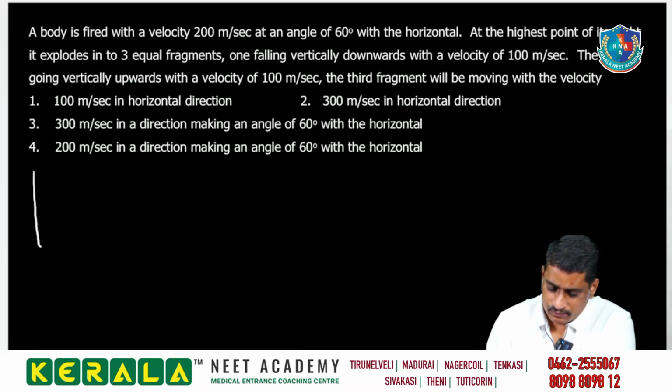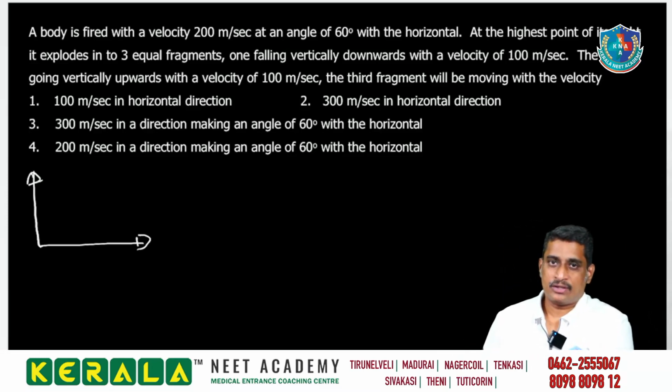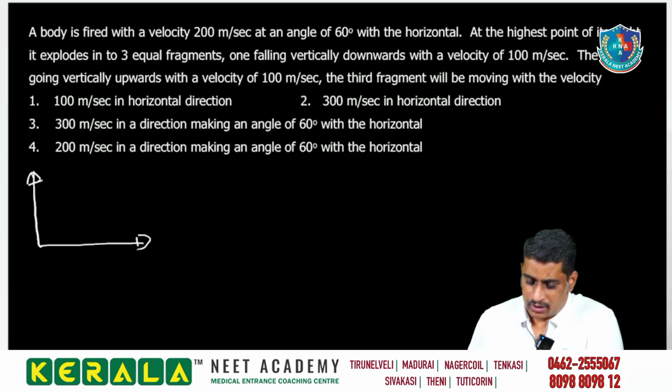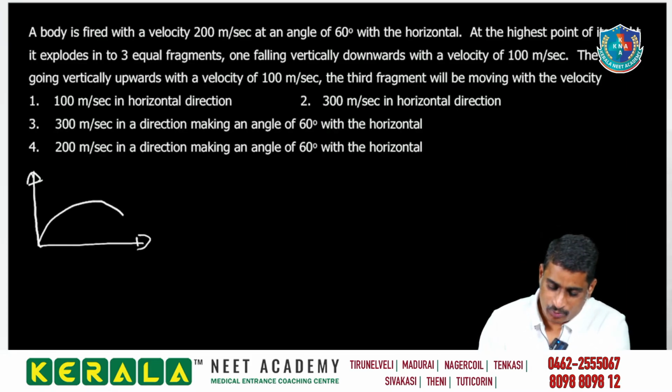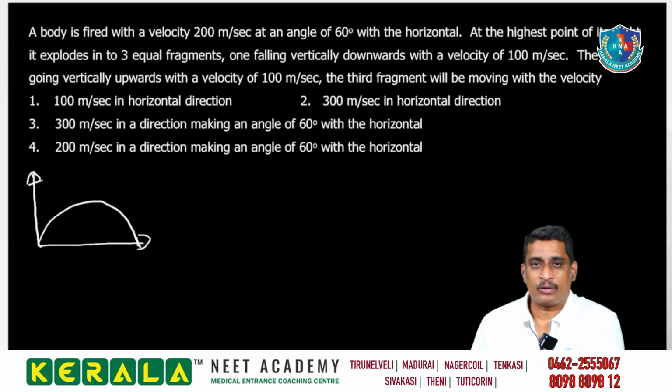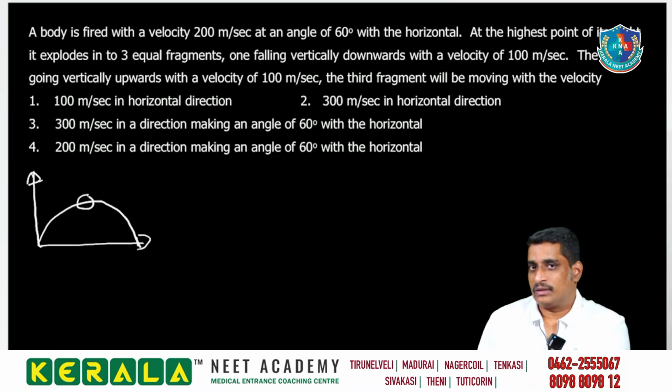Here, that particle is projected with a speed 200 meters per second at an angle of 60 degrees with the horizontal. So that particle moves along a parabolic path. When the particle is at the highest point, the net velocity of the particle is nothing but horizontal component of velocity.